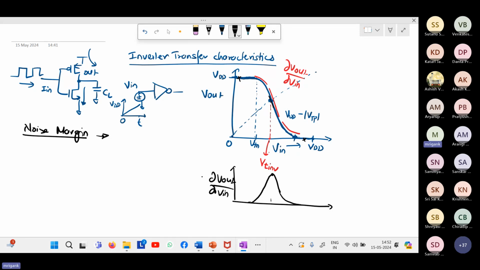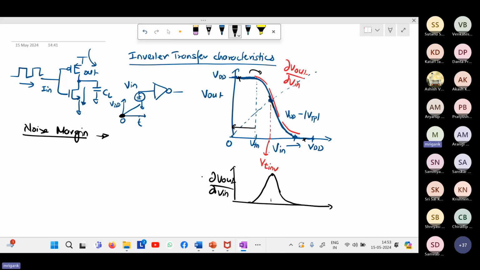Initially your input is 0, and you gradually increase the input signal till VTN, the output will not start decreasing significantly. It will remain clamped to VDD. But the moment you cross VTN, the output starts decreasing steeply, and therefore there is a significant change in the output. So roughly the lower noise margin, we can call this VTN.